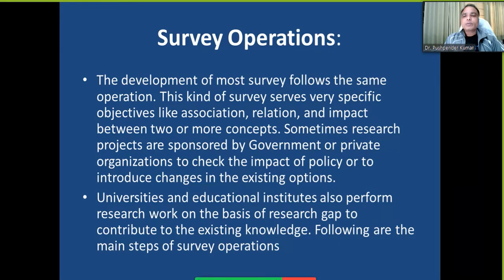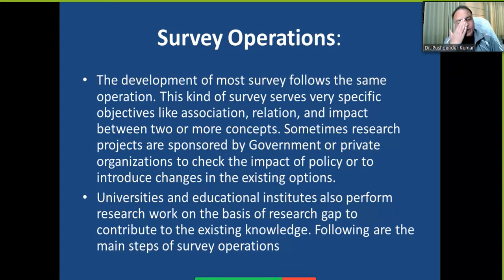Sometimes research projects are sponsored by government or private organizations to check the impact of a policy or to introduce changes in the existing options. If you want to make a survey on whether we need to continue online teaching and learning, or whether students like online or offline teaching and learning, you may take a government project from ICSSR, DST, or maybe from the UGC, University Grants Commission.